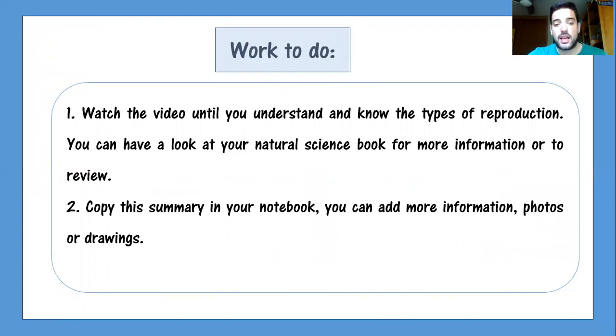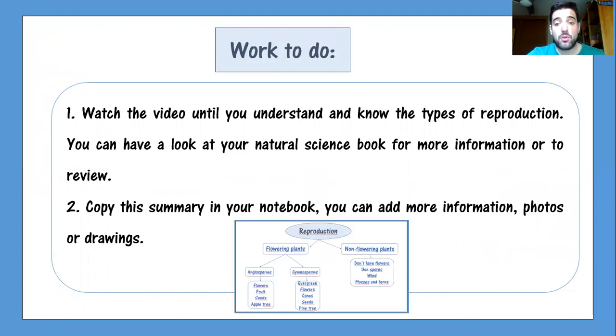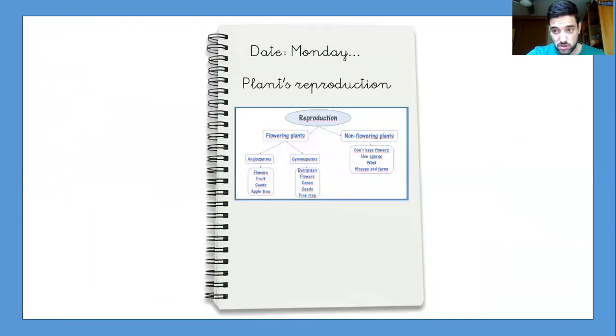Then, you can copy this summary in your notebook. You can add more information that you find in your book or on the internet and add photos or drawings. Remember, first we write the date, then today's title, and then we do today's work.